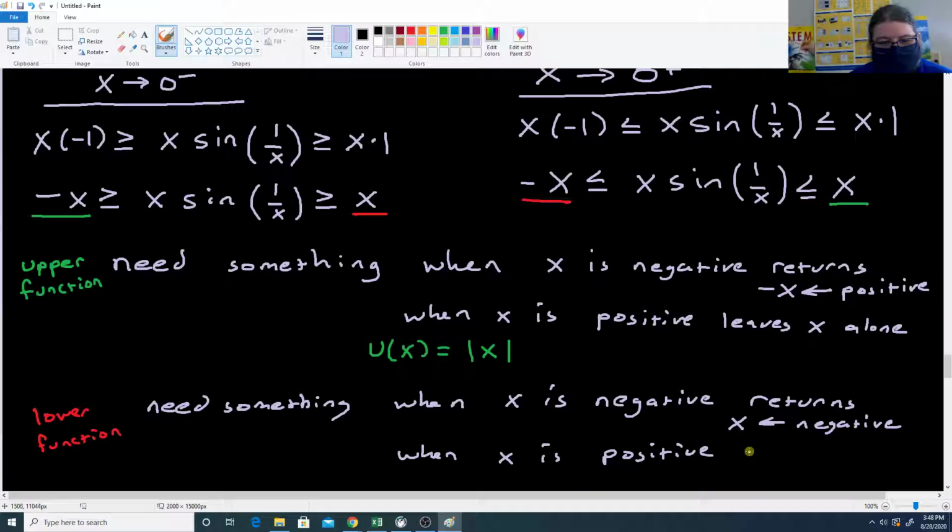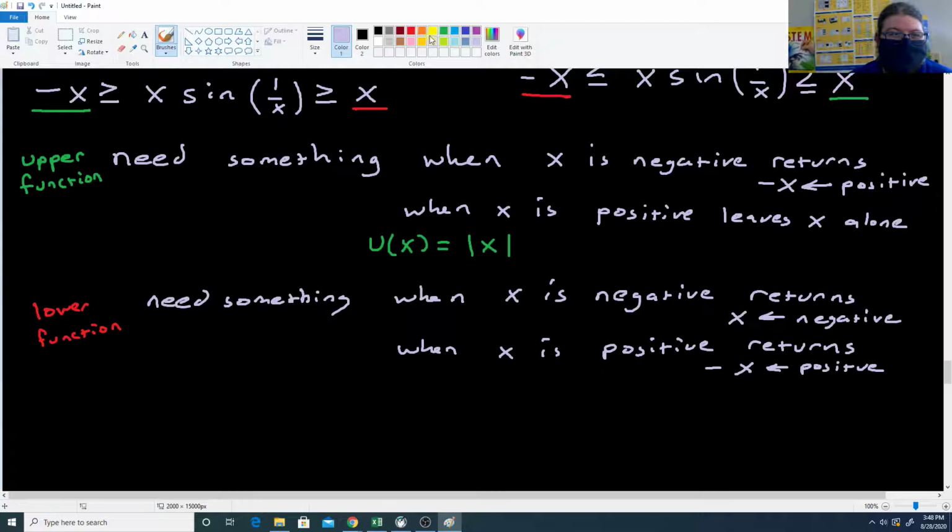X is positive, it returns negative x. So basically, what we want the lower function to do is if you have a negative number, it leaves the negative number alone. And if you have a positive number, it returns a negative.